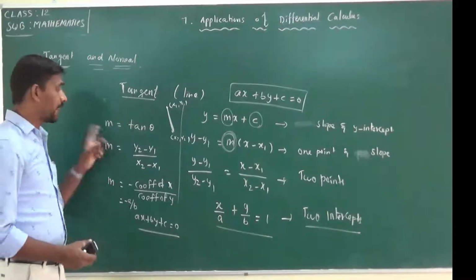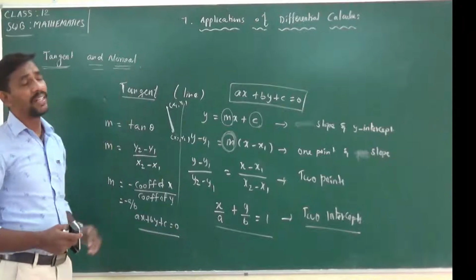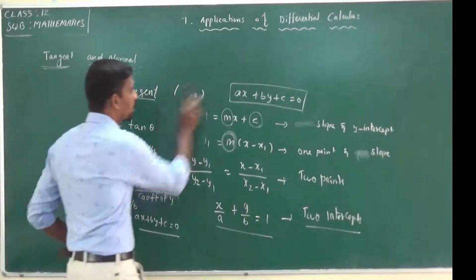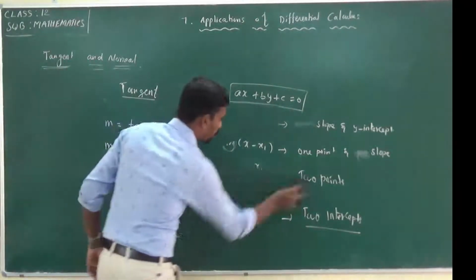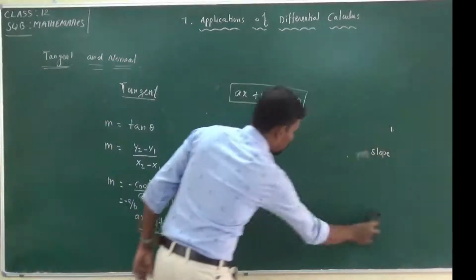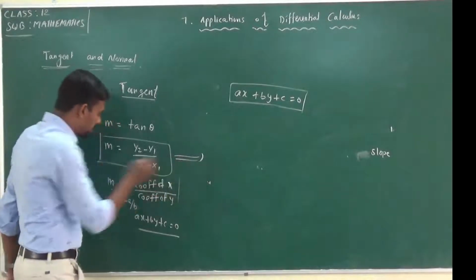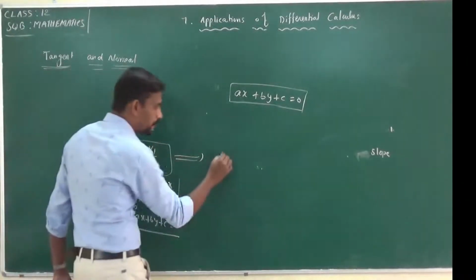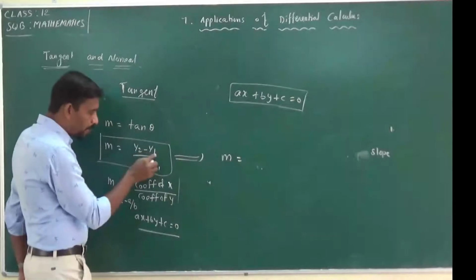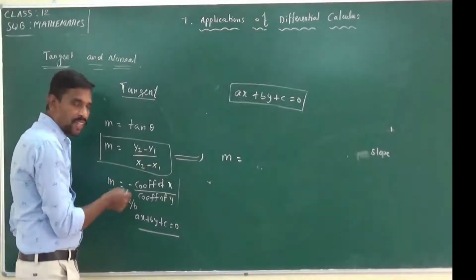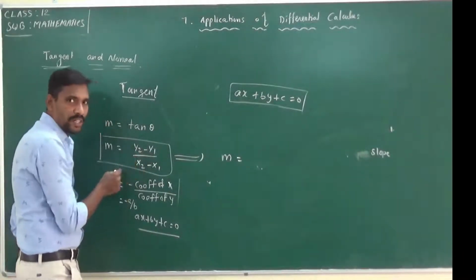Now, in this case, we are using differential calculus, right? We are finding the slope formula. This formula should be transformed. What do you mean by y2 minus y1? This is the difference in y coordinates, isn't it?